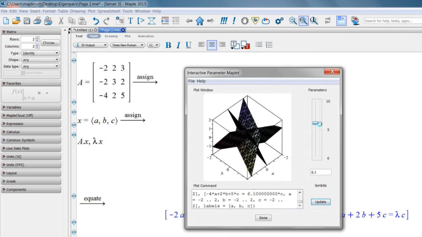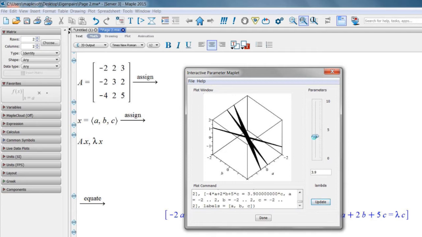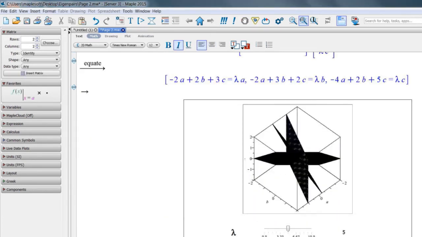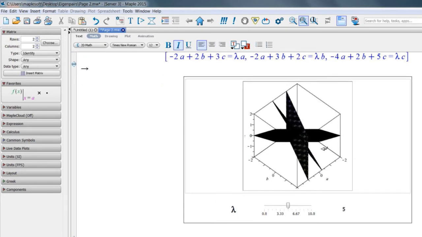It's very hard to tell if at some point they collapse so that you have more than just 0, 0, 0 as a solution. Very hard to see that. Disappointing, but let's see if maybe we put that into the worksheet and doctor this up a bit.